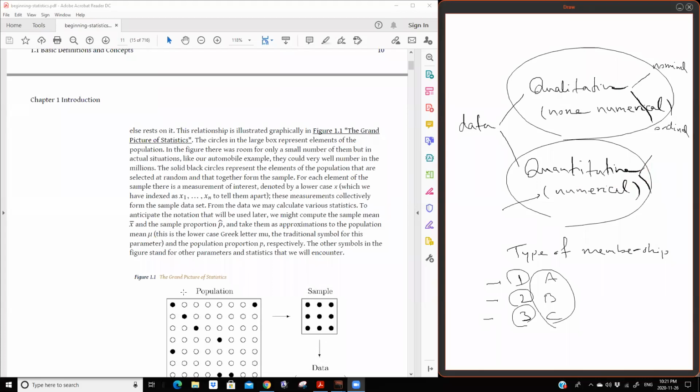Did you study nominal and ordinal in Khan Academy? No, sir. Okay, so let's not talk about them. I don't want to confuse you. Let's forget about it for now. So far, we just know about qualitative and quantitative. If I come across that in this book, I will explain to you what nominal and ordinal are.